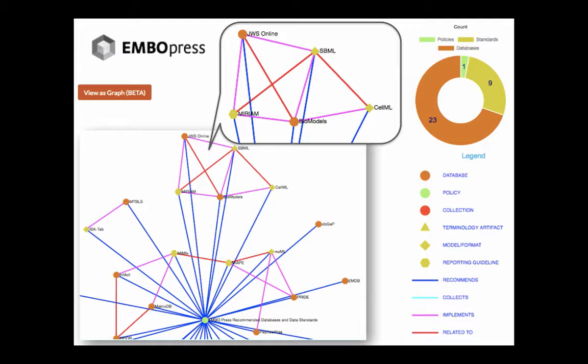ArrayExpress does not use the same format, but they still implement the MIAME concept with two other types of formats, MAGE-TAB and MAGE-ML. But what's also important to show to the user is that MAGE-ML is now deprecated. They no longer support it, and it has been replaced by MAGE-TAB.